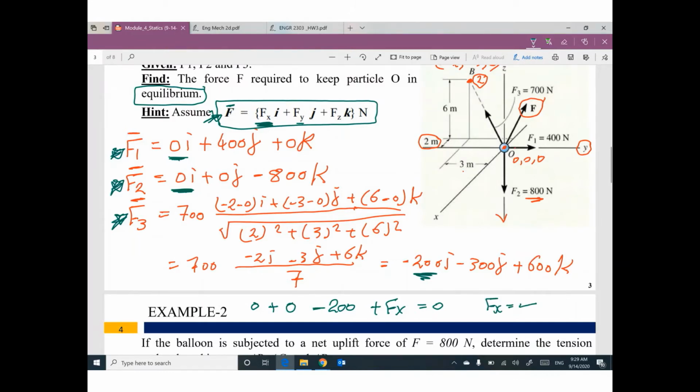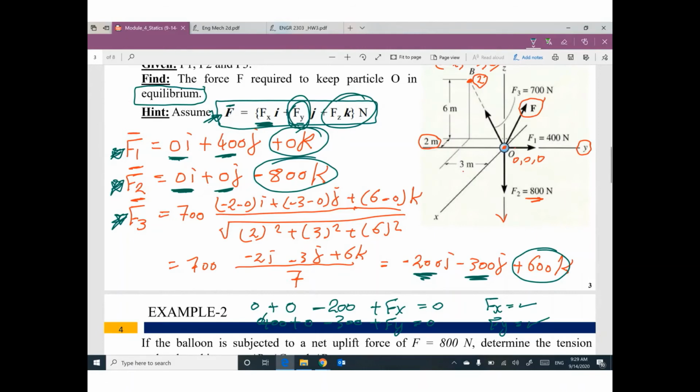Y component plus y component plus y component plus y component, all of them equal 0. So 400 plus 0, negative 300 plus Fy equals 0. I can figure out Fy. Z component plus z component plus z component plus z component equals 0. So I can figure out the value of Fz.